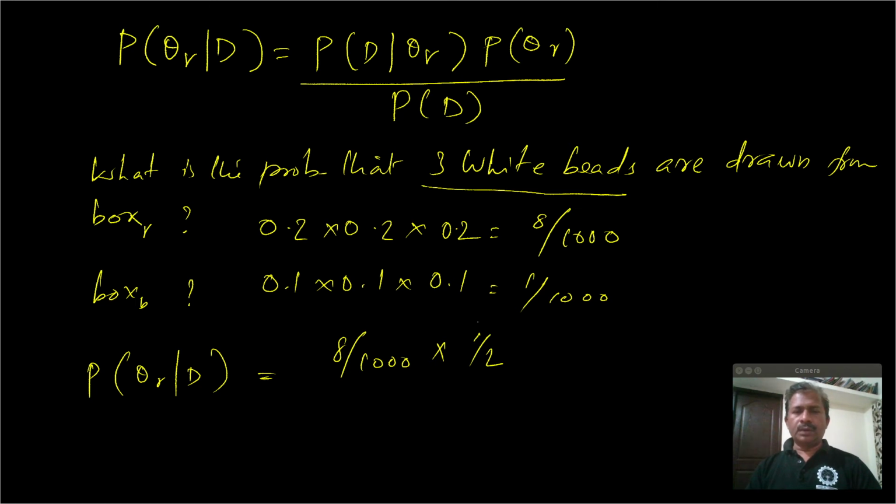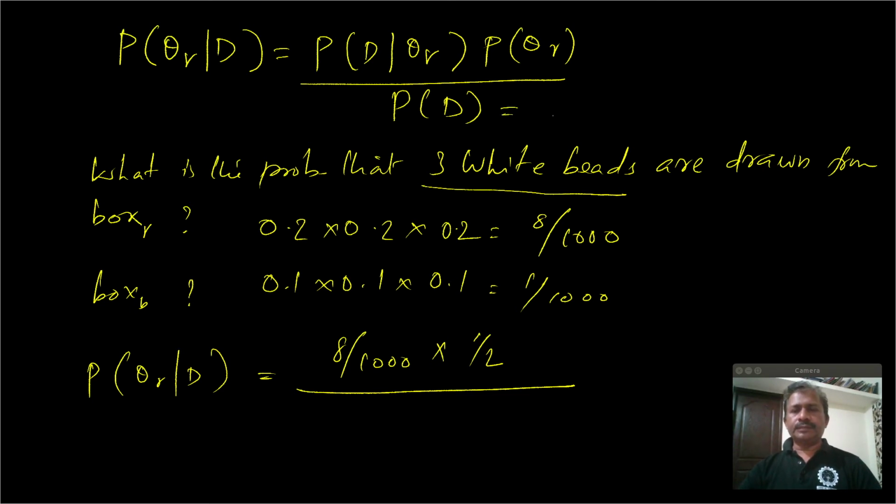So this is my prior belief, before I observe the data, divided by P of D. So what is P of D?